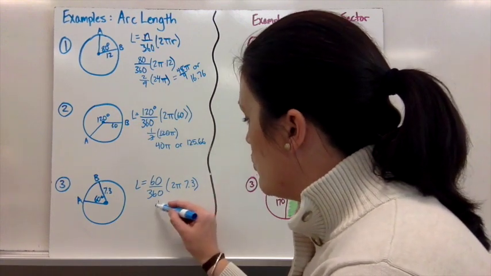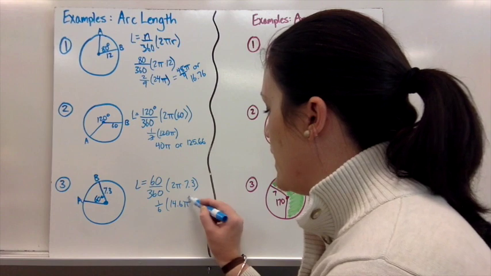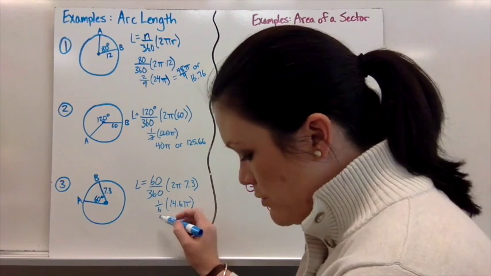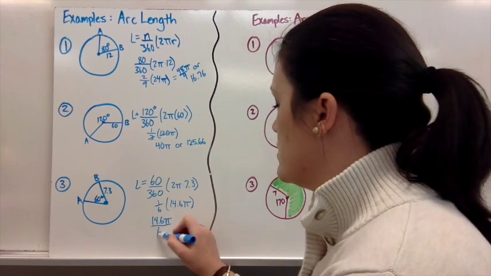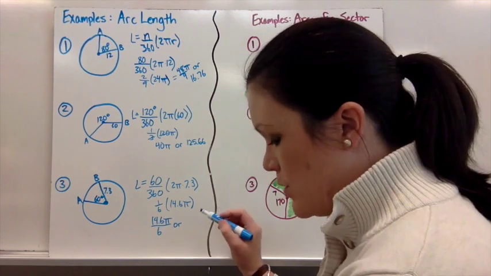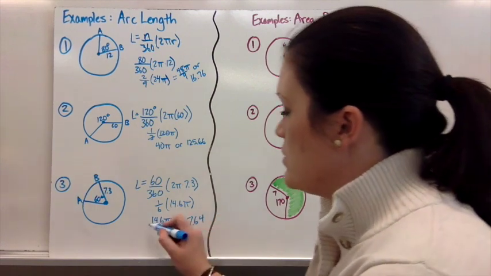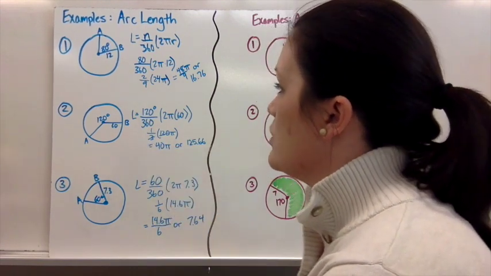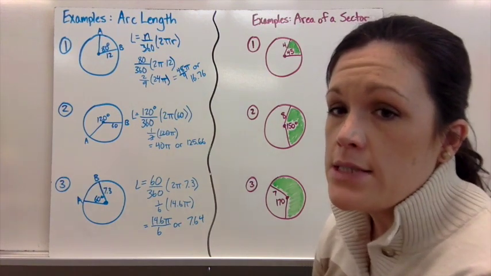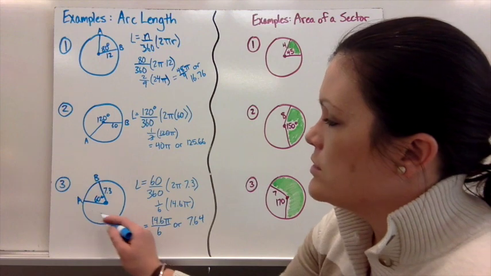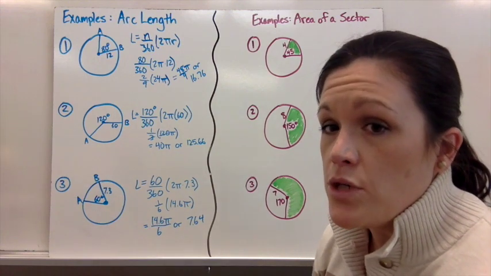That would be 1 over 6 times 14.6 pi, and then we would get 14.6 pi over 6, or we can get a decimal, which was 7.64. So you can see that these all simplify very similar. The only thing they might do differently is give you a diameter, and you have to divide that to get the radius, or they could give you the angle that's on the opposite part of the circle, and you just have to subtract from 360 to get the one you need.